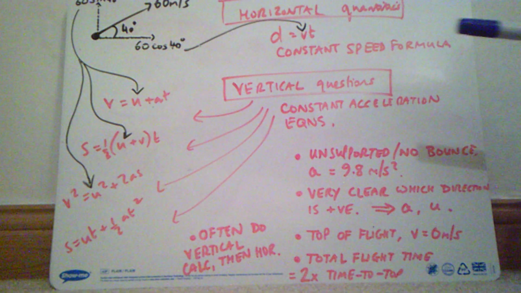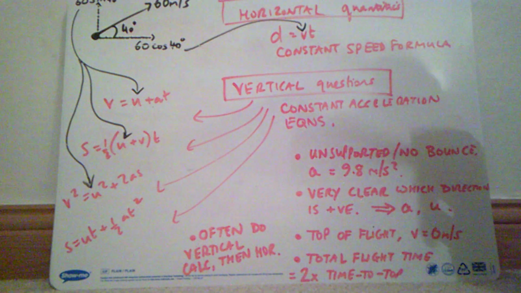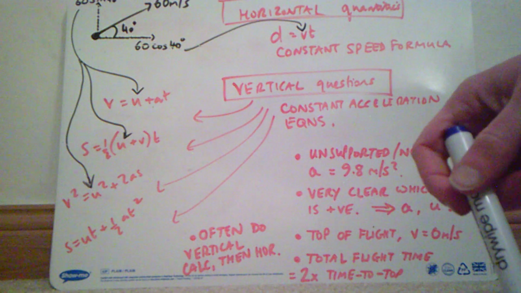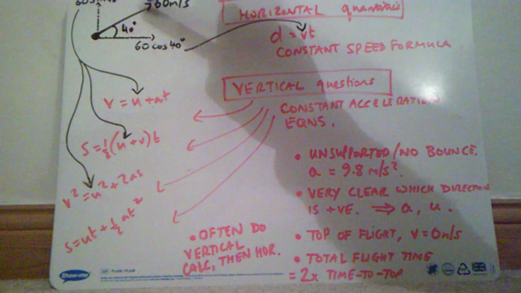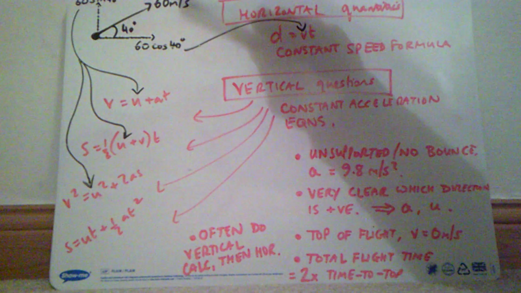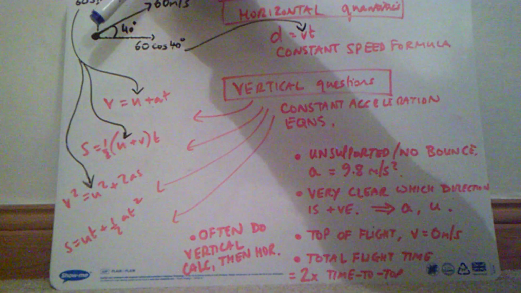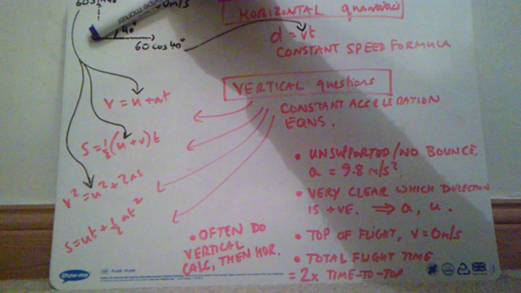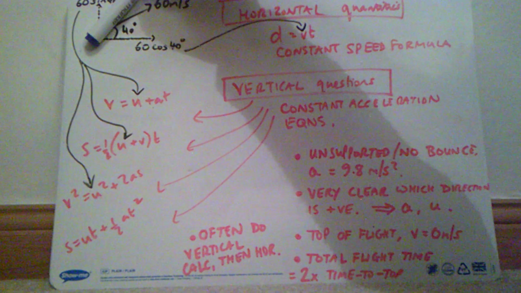So just some top tips to remember when using this. If you're dealing with everything in the vertical axis, then you have to have the starting speed in the vertical axis. So the starting speed at the moment is not in the vertical axis, so take that starting speed, turn it to the vertical axis that you want. Now as you're rotating it to get to the vertical axis you want, you are crossing an unknown angle.